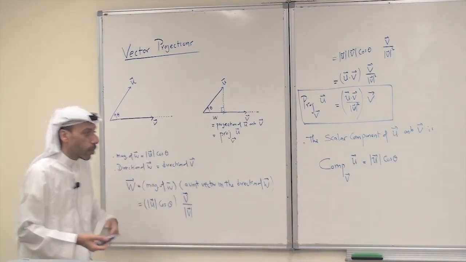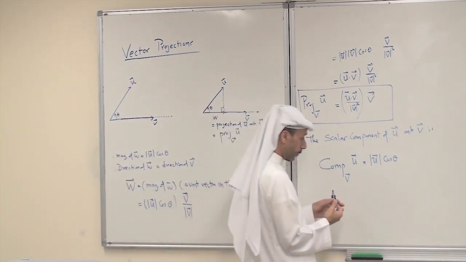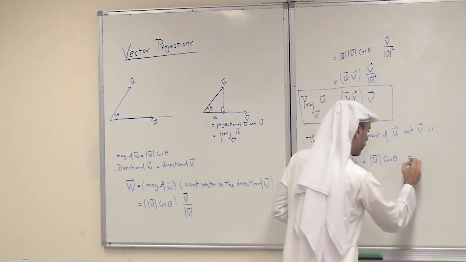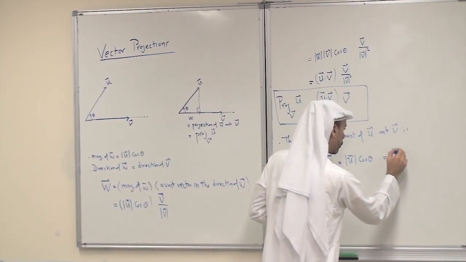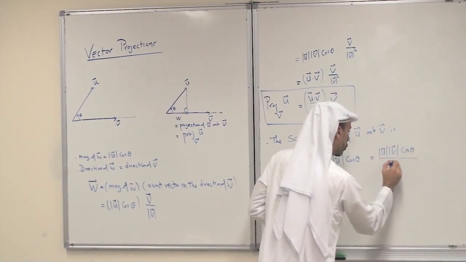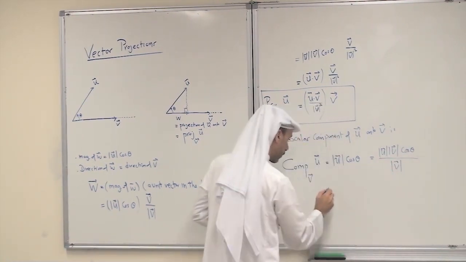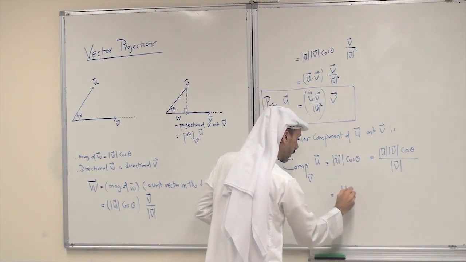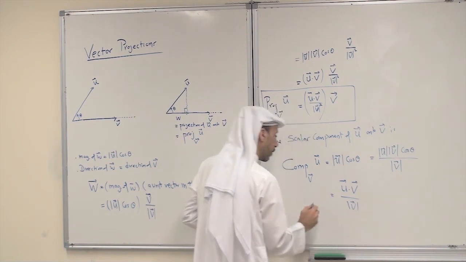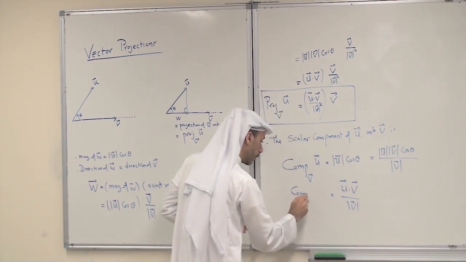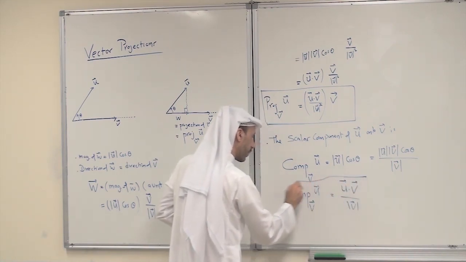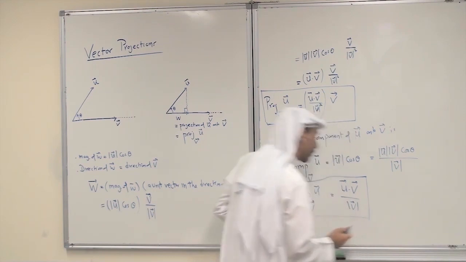Again, I can write this in terms of the dot product as follows. Just multiply by the magnitude of V over the magnitude of V. So this equals the magnitude of U, magnitude of V, cosine theta over the magnitude of V. So this becomes U dot V over the magnitude of V. So this is the component of U onto V. So this is the second one.